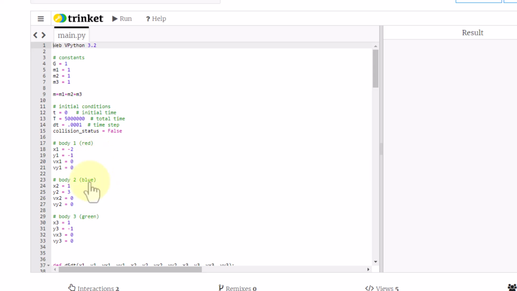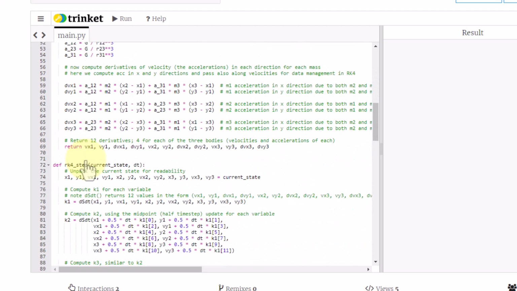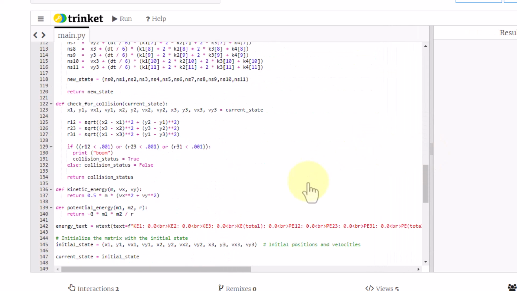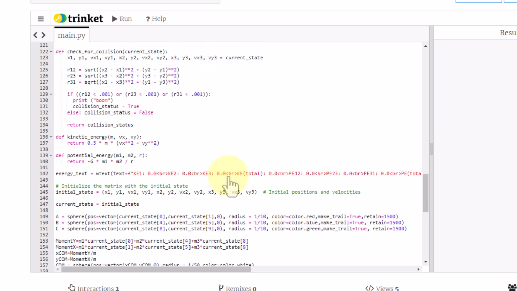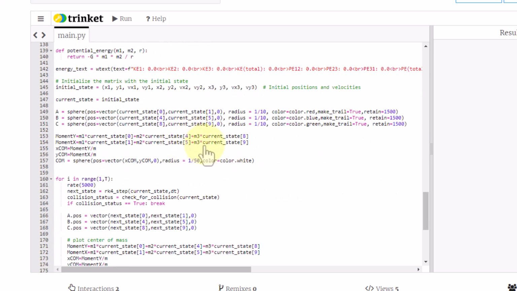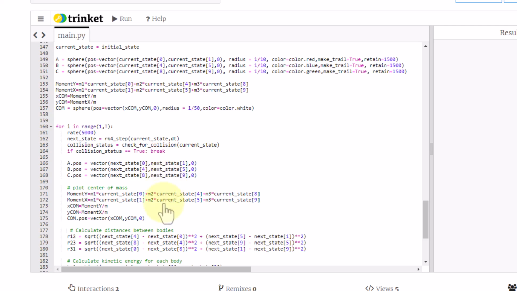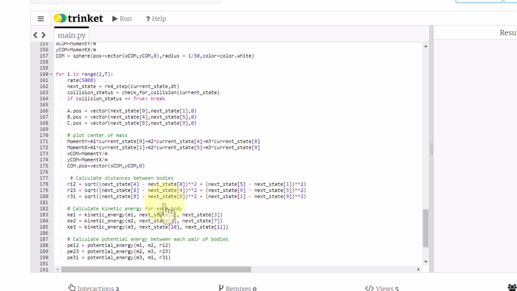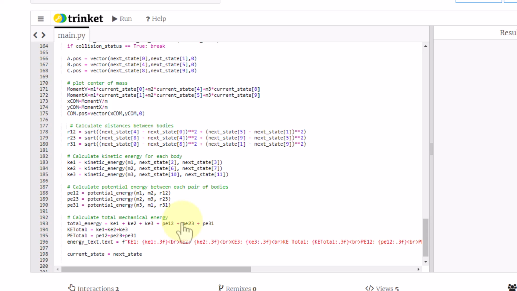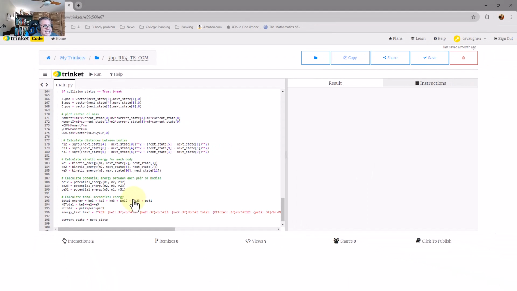Initial velocities all 0. The bodies on the corners of a right triangle. And this is the same code that I had talked through a little bit before, but now what I've added is functions to compute kinetic and potential energy, and here I calculate it at the initial state, and then here I am calculating the center of mass and calculating kinetic and potential energy and total mechanical energy as the sum of those two inside of the loop, and constantly updating it in the animation.